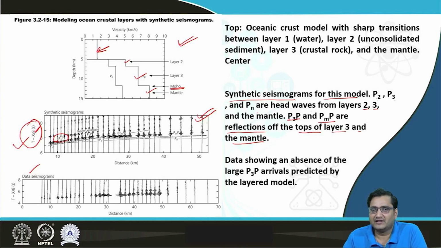It basically has a gradient nature. So this diagram represents that in the oceans, the transitions between the sediment and the crustal layers are not a sharp transition. It is basically a gradient between both layers. That is why the P3P multiple is absent in this particular case.